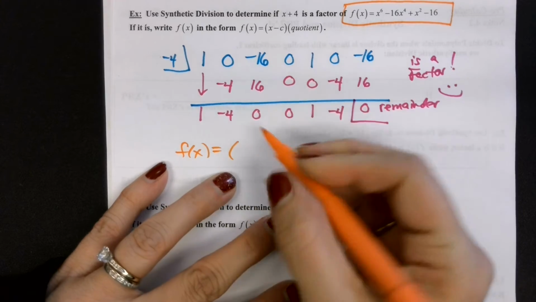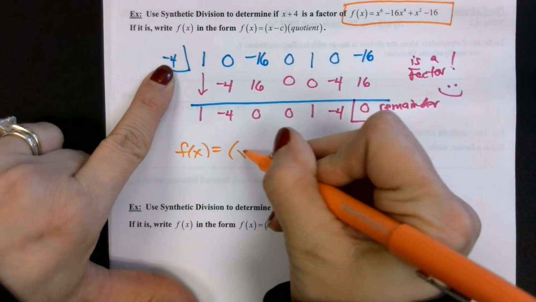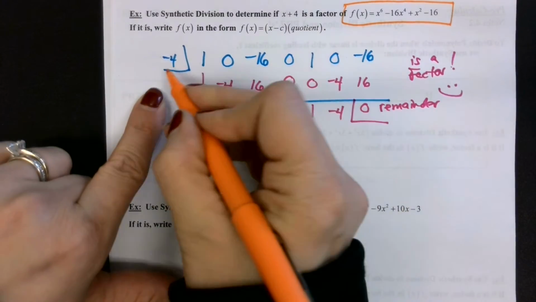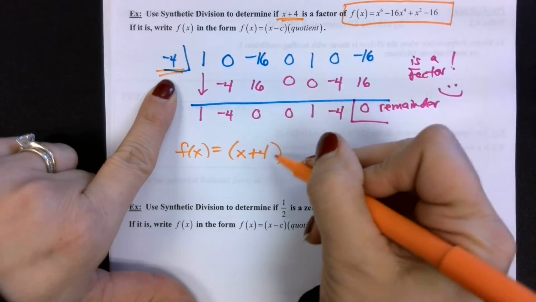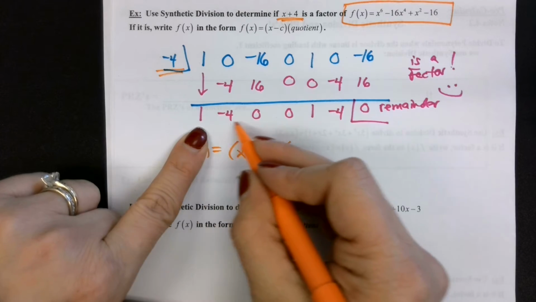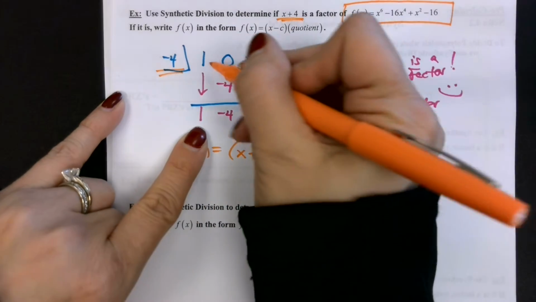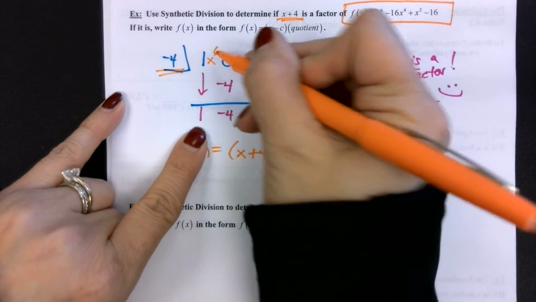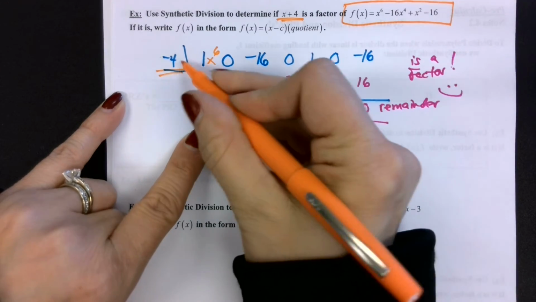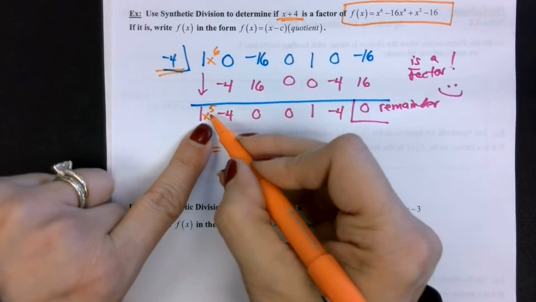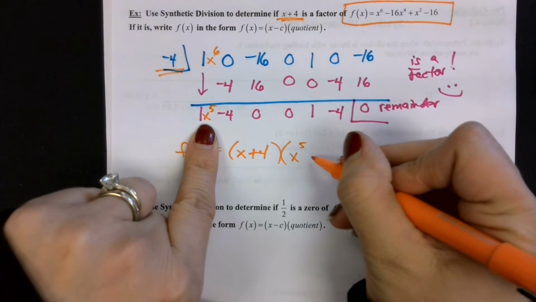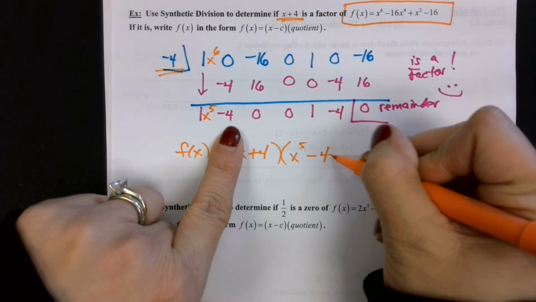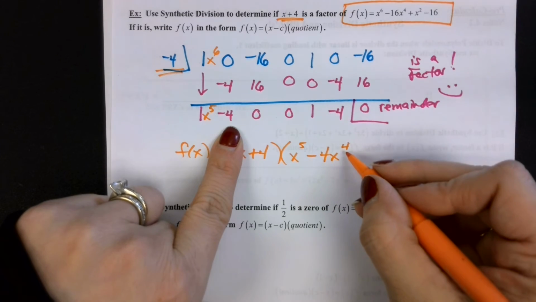Okay, so the factor that we found was x plus 4. There's the factor. And then the answer that we got, the quotient, is right here. So this used to be a 6th power, but I took 1x out, so now this is always 1 less. So we have x to the 5th minus 4x to the power of 4.